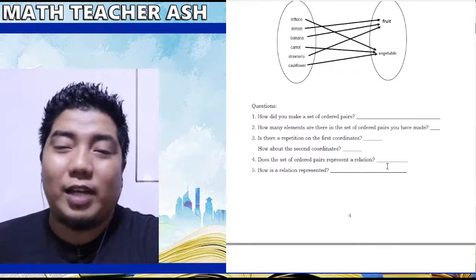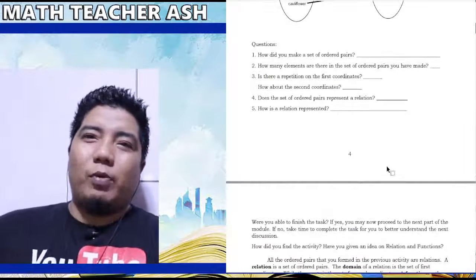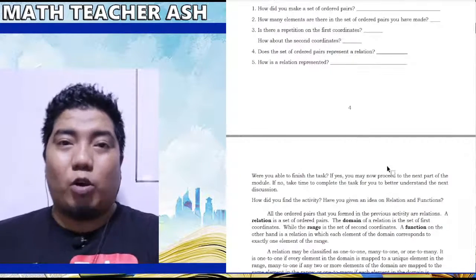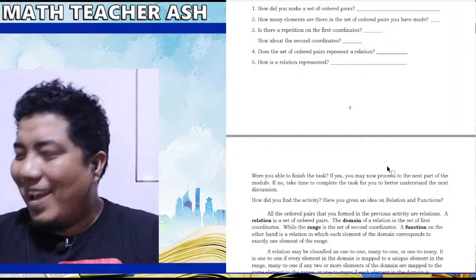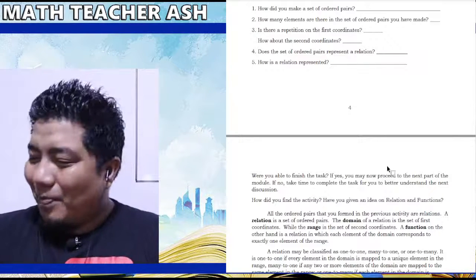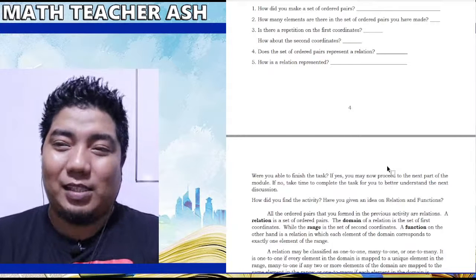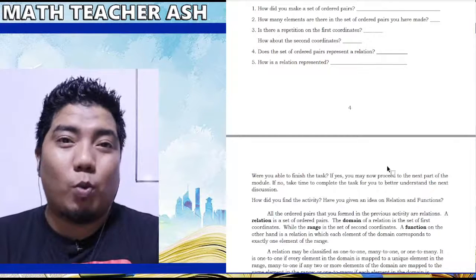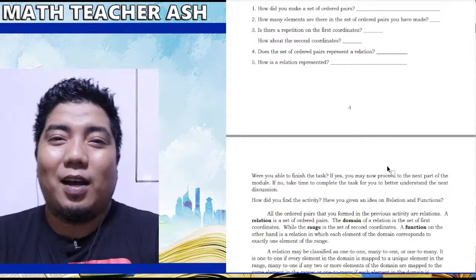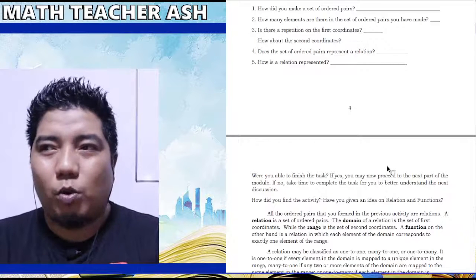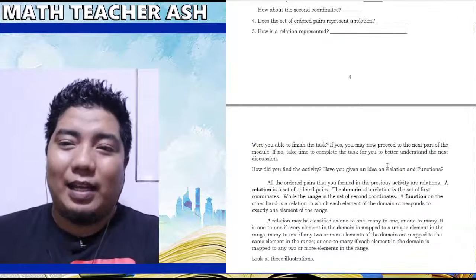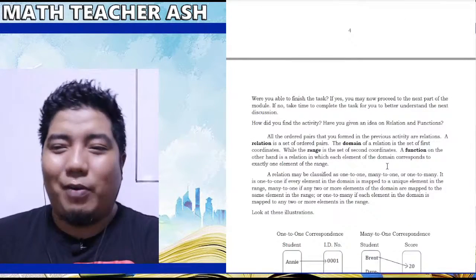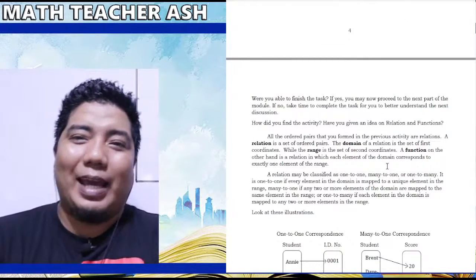Okay, how is relation represented? So when we say relation, my dear math learners, this is the connection or the relationship, of course, to the word relation. Okay, so technically what we have is, when there is a connection between two quantities, that is what we call relation, regardless kung anong klaseng relation yon. Even sa ating real life setting, lahat ay may relation. Alright, sana all relation. Bakit?